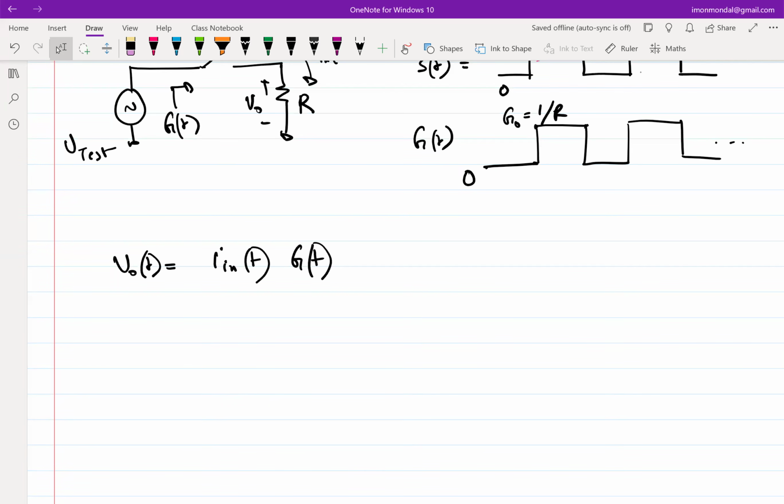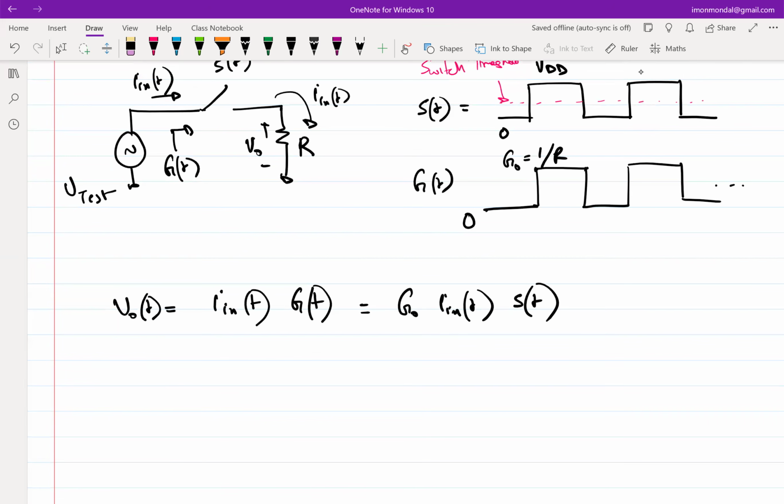So I can simplify this further slightly: this is G naught times I in of t times ST. The reason I am writing it in the form of ST is that ST is a digital logic signal, but maybe I should not write ST, I should write something else, because ST is defined as 0 to VDD.